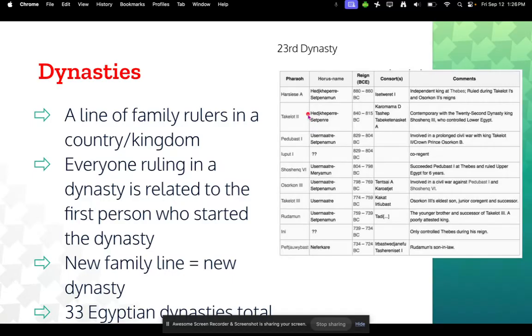Now, it's not necessarily father to son. It could be father to nephew to cousin to uncle to brother, usually it's pretty messy. It's not very neat. But a new family line would mean the start of a new dynasty, and there are 33 Egyptian dynasties total.